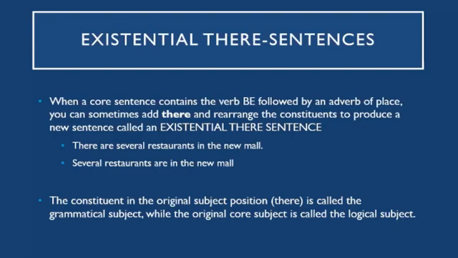The same thing that we discussed with passives, right? So the grammatical subject always sits in the slot that belongs to the subject in the regular sentence. The logical subject is the subject that performs the action. All right? Get it?